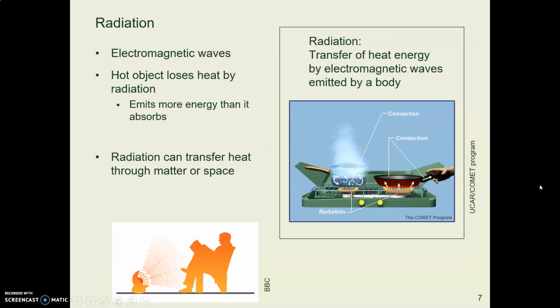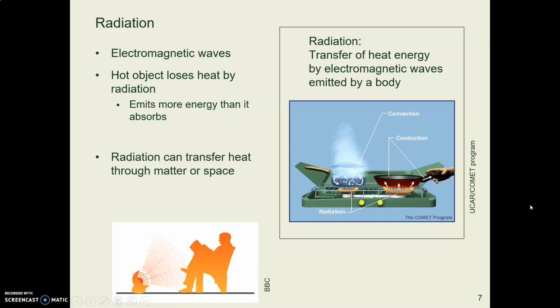The third method of transferring heat is radiation, and it's different from the other two. Radiation is actually caused by electromagnetic waves going through space, going through the air. And here's this person down here sitting in front of a space heater.